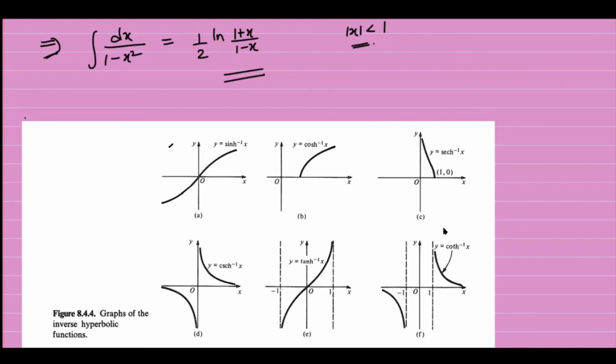This is also an increasing function, and it is defined on 1 to infinity. Then sec h inverse of x, cosec h inverse of x, tan h inverse of x, and cot h inverse of x.